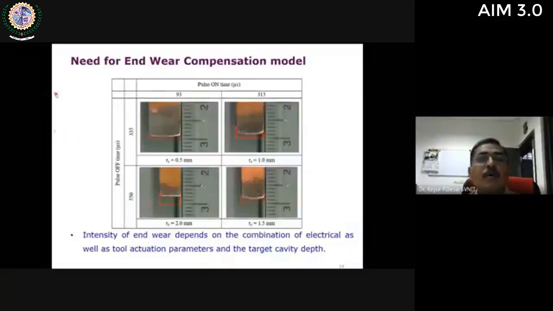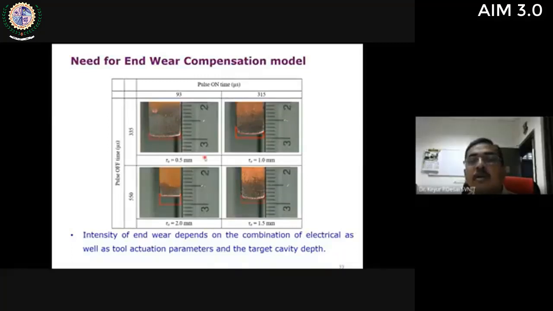The effect of all parameters was considered. Now pulse on time and off time. See, when pulse on time is 93, 335, orbiting tool offset is 0.5. This red line was the initial tool shape, and this is the amount of wear that the tool has suffered. Same way, when on time increases with the same off time, still more wear.